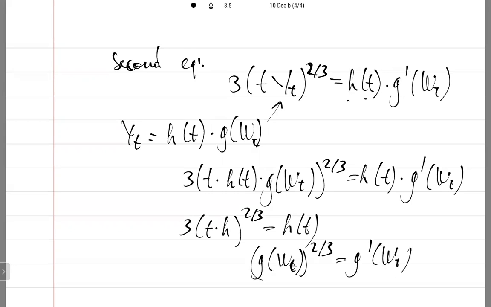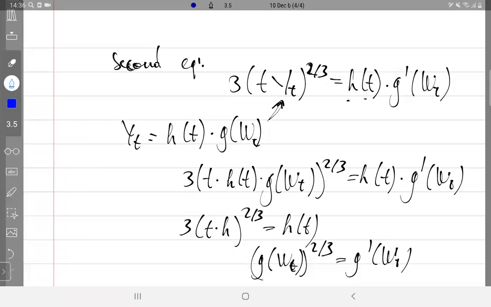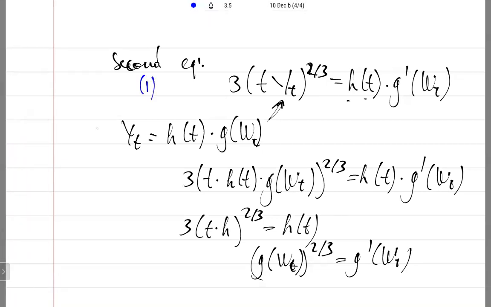Okay. May you explain one more time, please? From the part where we decided that yt equals the multiplication of ht and g of wt. We just plug in. So basically, step 1, step 2, step 3, 4, 5. What is not clear? Okay, it's fine. Okay, thank you.